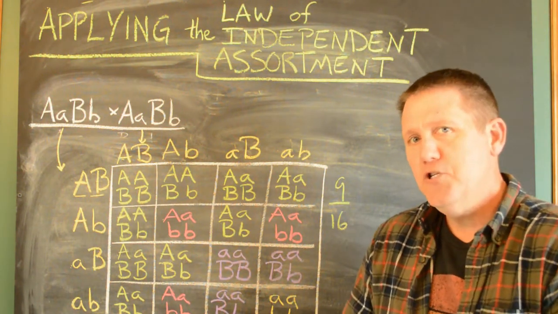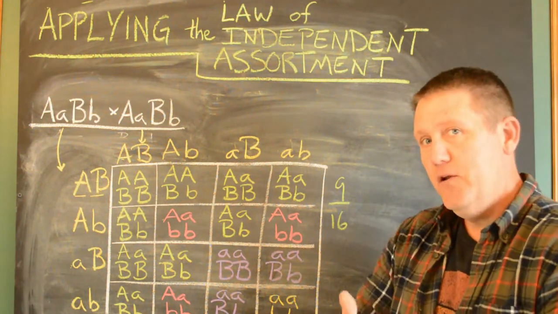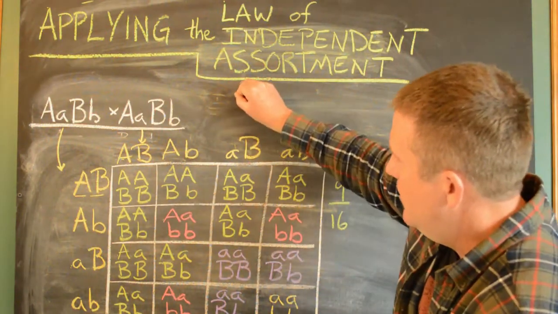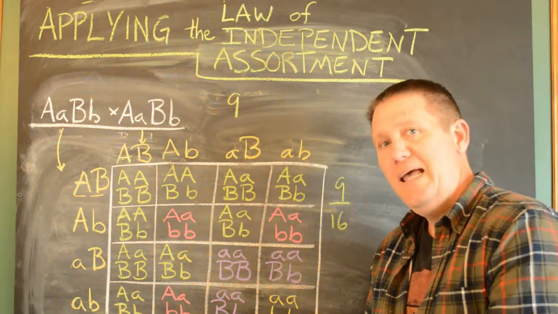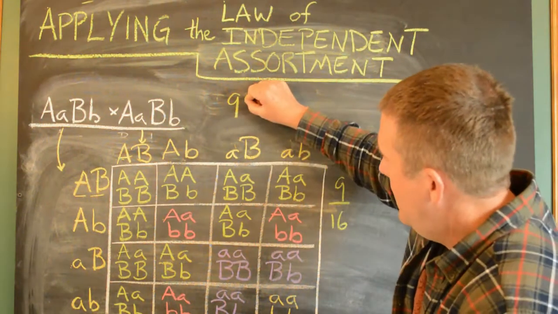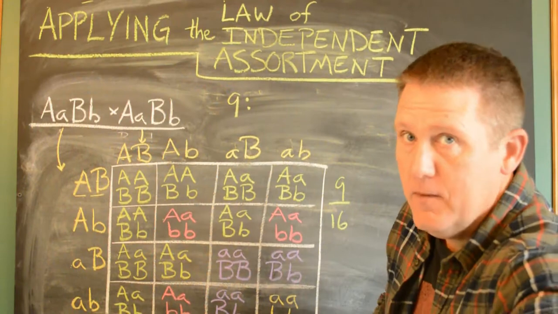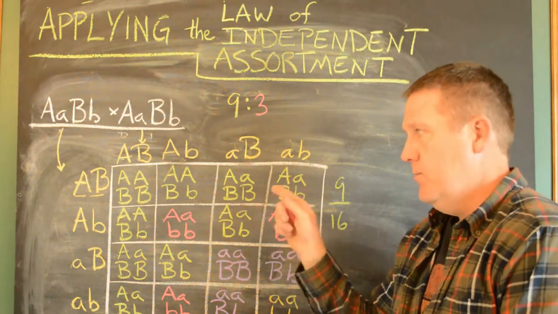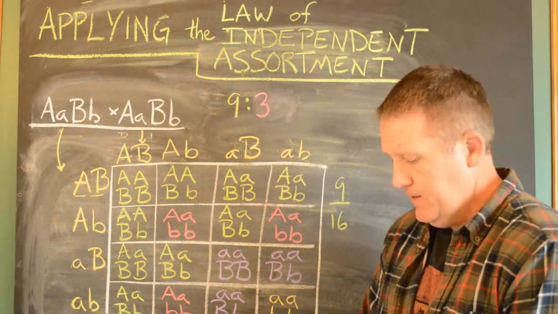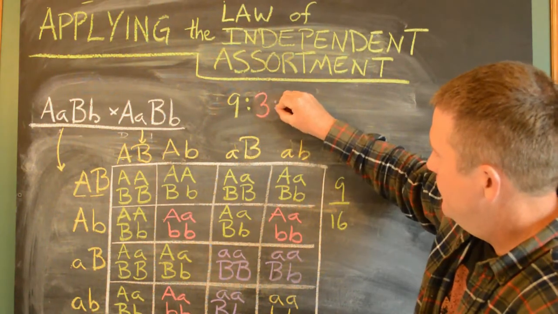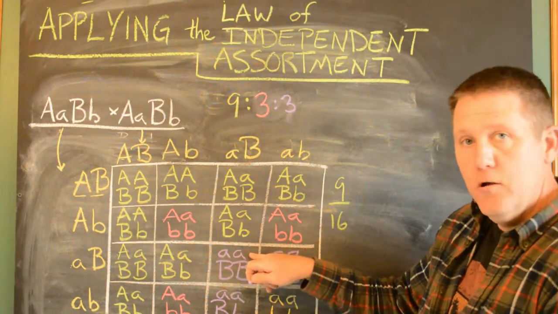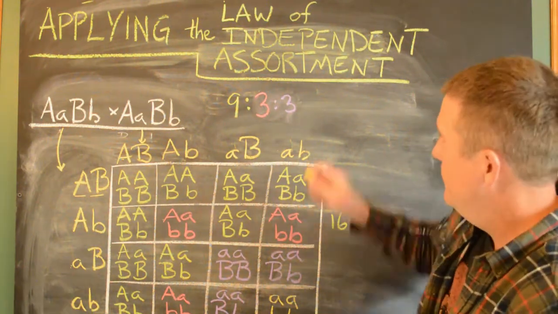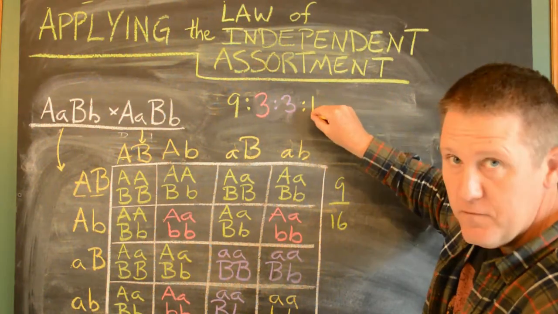But if we needed a ratio, let's say, of all the different phenotypes as I suggested before, well, there I have 9 of those that are purple and tall, and then I have 3 of them, that's the ones in red, that are purple and dwarf, and then another 3 that are white flowered and tall, and then only this one down here that's recessive for each.